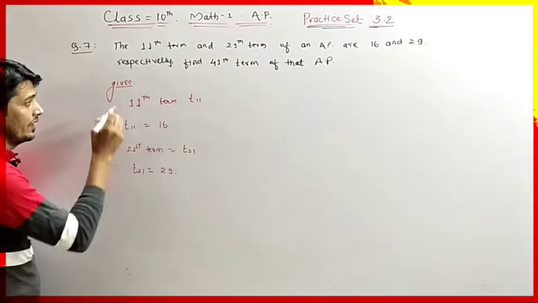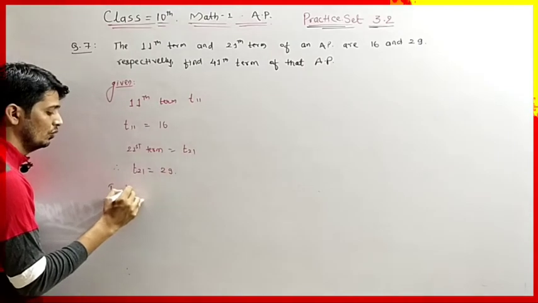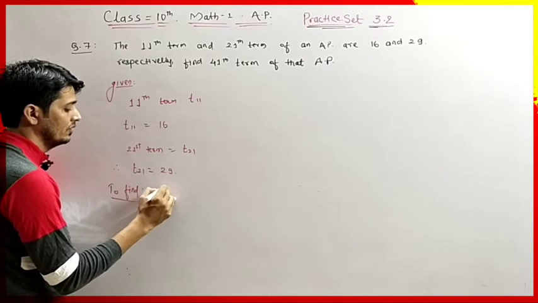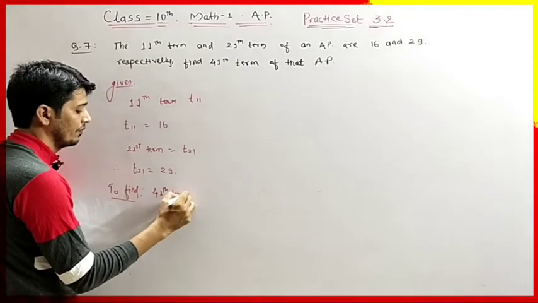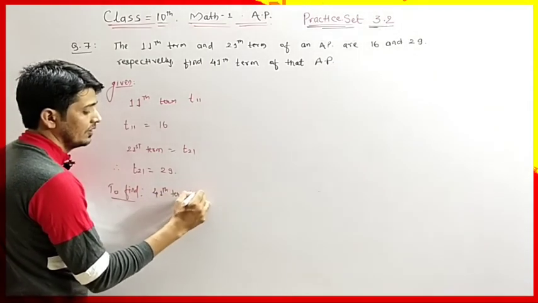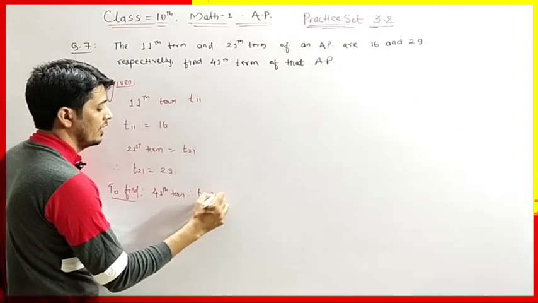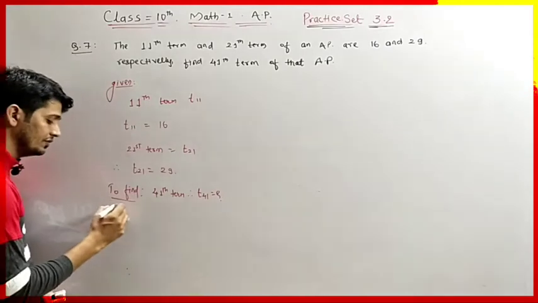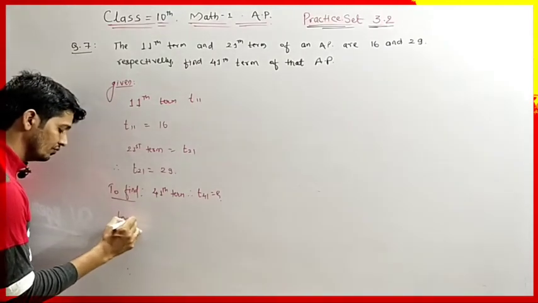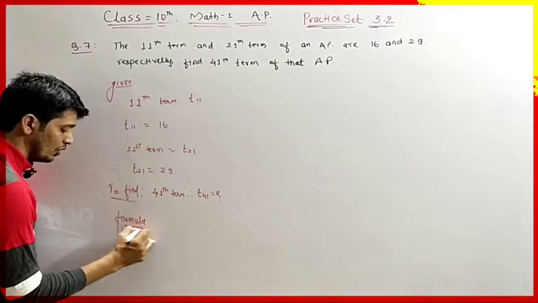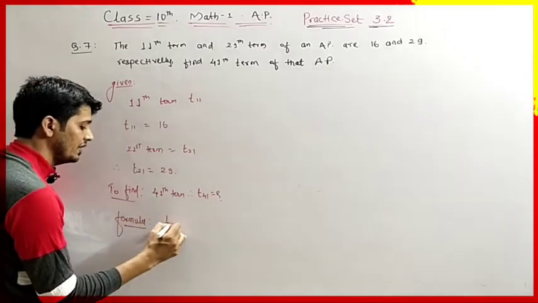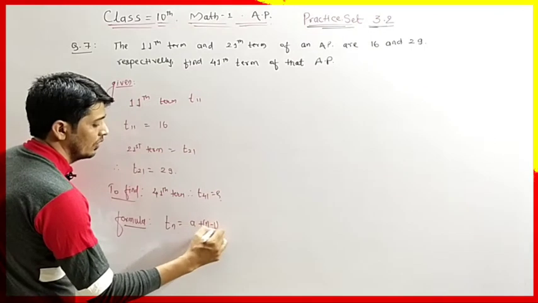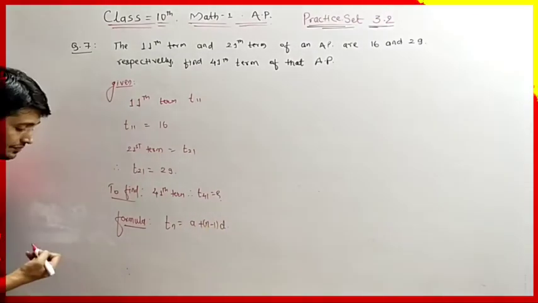So we have to write what to find. We have to find the 41st term, that is T41. Now we have the formula. The formula is Tn equals a plus n minus 1 into d.